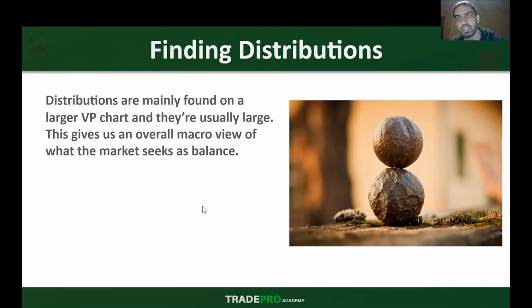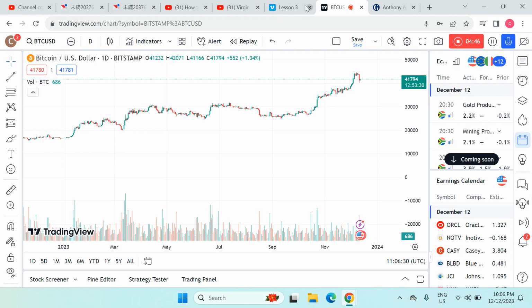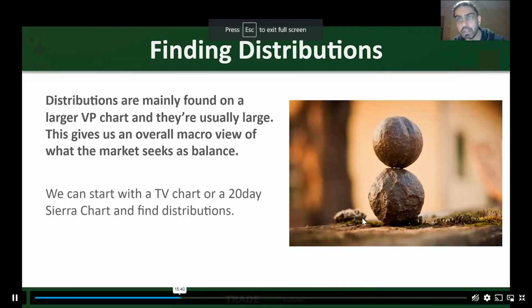You're not going to find large distributions that are like 15 points. You're looking for these very thick areas which present the opportunity for those very large moves in the market. So this gives us an overall quote-unquote macro view of the market, what the market sees, how the market seeks balance.